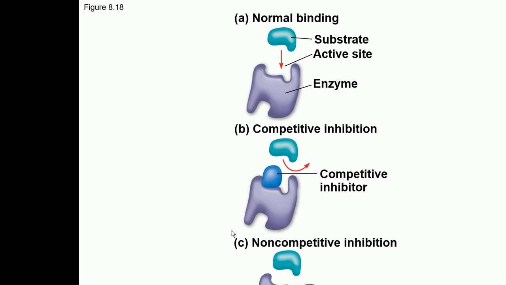Even if the active site is free, because of the change in its shape, the substrate cannot go and bind here. The substrate is there, the active site is free, but they are no longer compatible. So no products, no reaction.